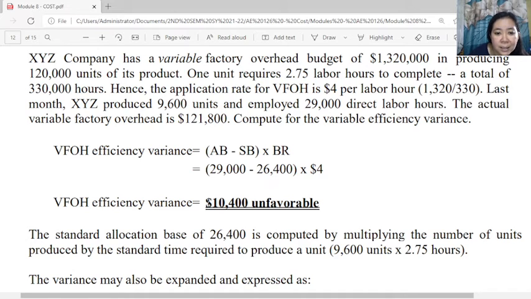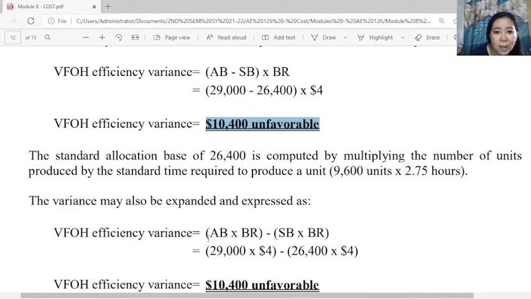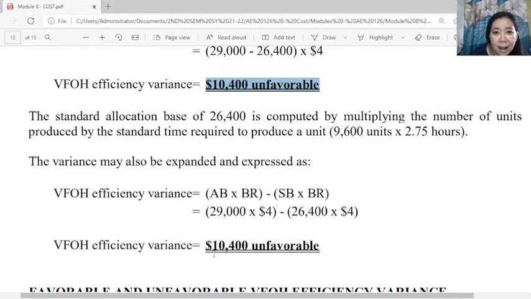How do we get 26,400? This is by multiplying 9,600 units times 2.75 labor hours required for each unit. Then we multiply it by the budgeted rate of 4. Therefore, our variable factory overhead efficiency variance is 10,400, and in this case, this is unfavorable. Later on, we will discuss why this variance is considered unfavorable.